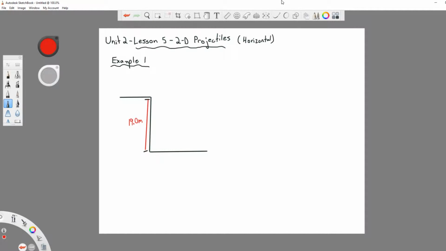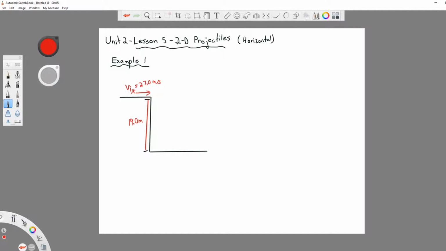And shooting out from the top, we have a horizontal, and I say horizontal because we're going to have both x and y coming into play here. So we're going to say this is our initial velocity, but in the x or horizontal direction. Okay, that's going to be equal to 27.0 meters per second. All right.